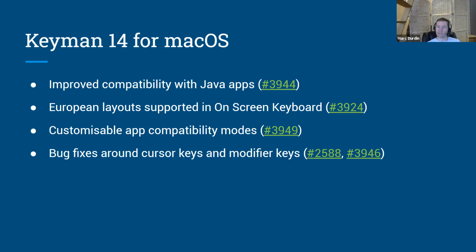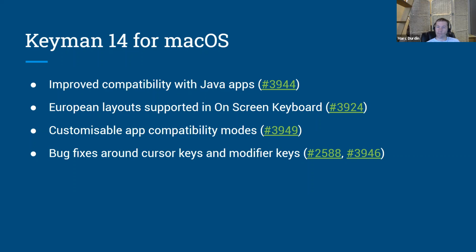So in the past, we actually coded a list of applications into the app where we had to turn on a compatibility mode, a legacy mode. Now you have the ability to say, I need to turn on a legacy compatibility mode for this application so that it will work. This is admittedly a power user feature, but it should help people who need to work with an app and don't want to wait for us to add that app to the list and release a new update.